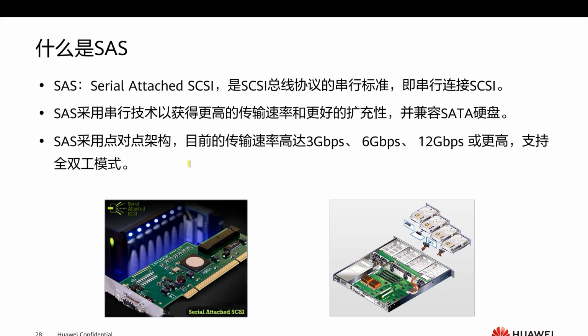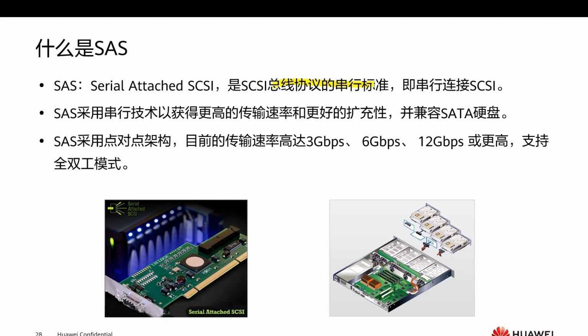SAS is the serial standard of the SCSI bus protocol. The serial interface structure is simple and supports hot plugging, and its transmission speed is fast and the execution efficiency is relatively high. Generally, larger parallel cables will cause electronic interference. The SAS bus structure can solve this problem.